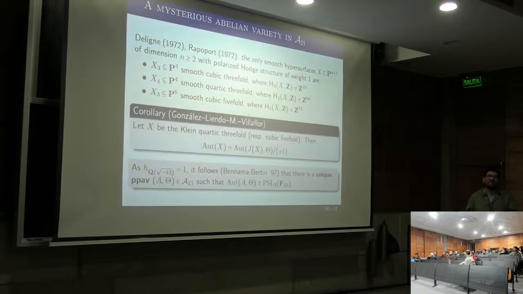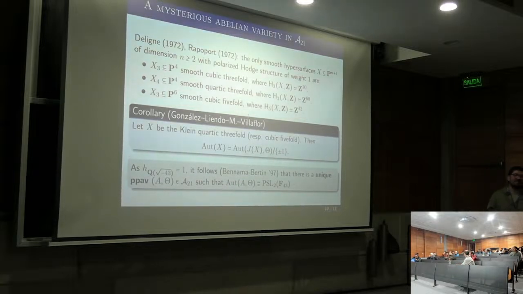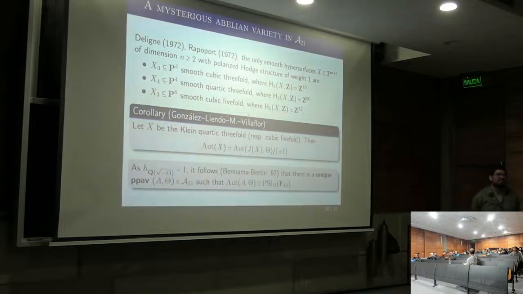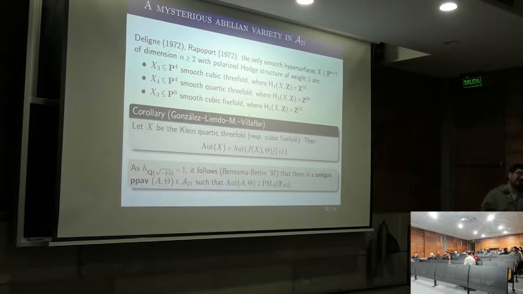But that's for generic ones, so we don't know for a particular one. The problem is that for generic hypersurfaces, the automorphism group is trivial, so it's kind of automatic. The punctual one. Yeah.